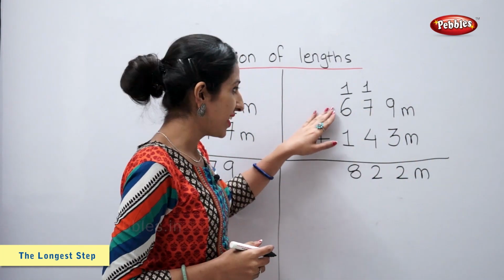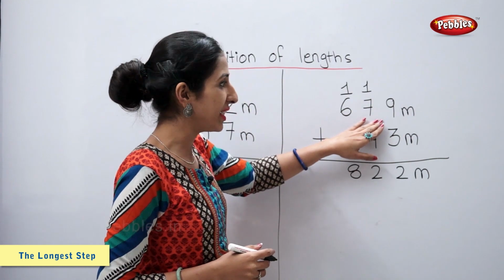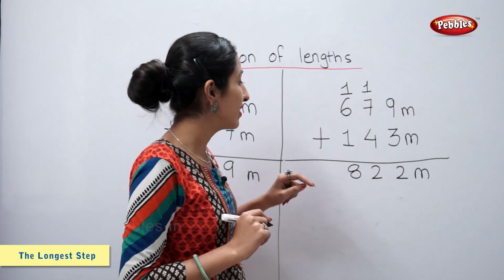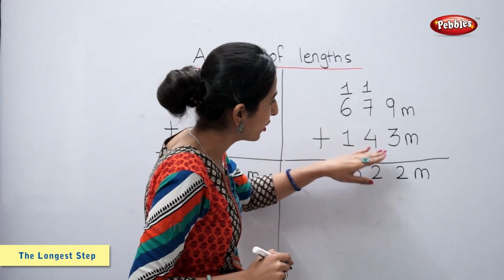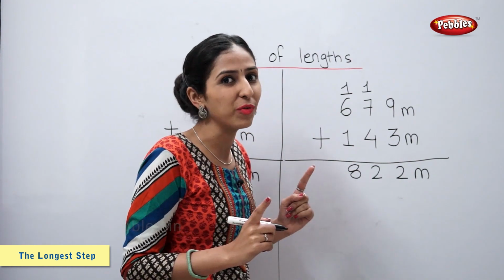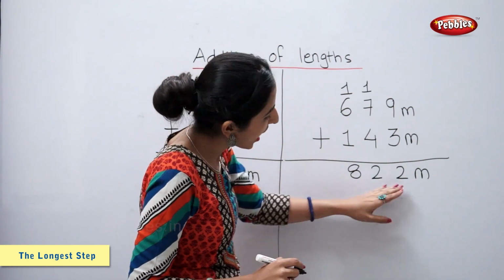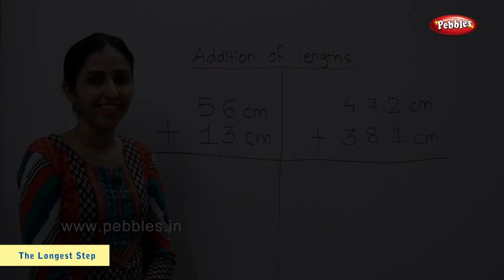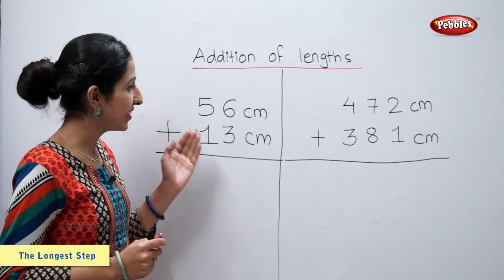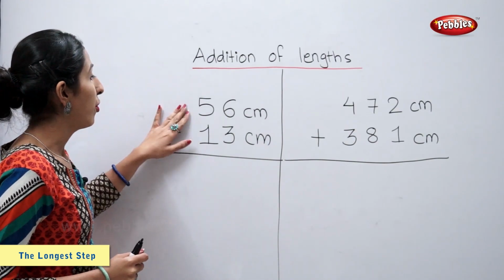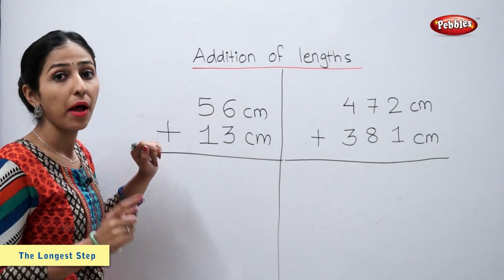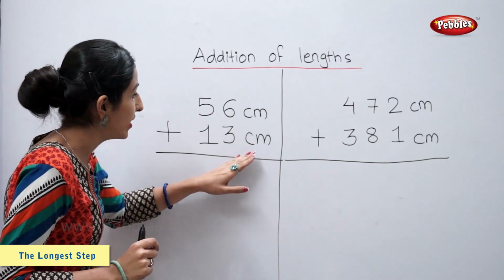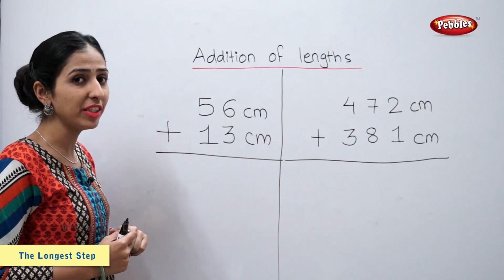So, 679 meters plus 143 meters is equal to 822 meters. Now, let's look at these examples. 56 centimeters plus 13 centimeters is equal to how much?